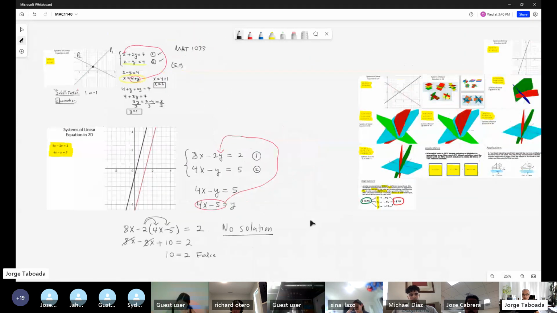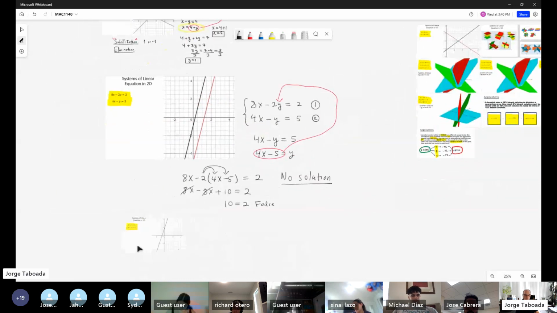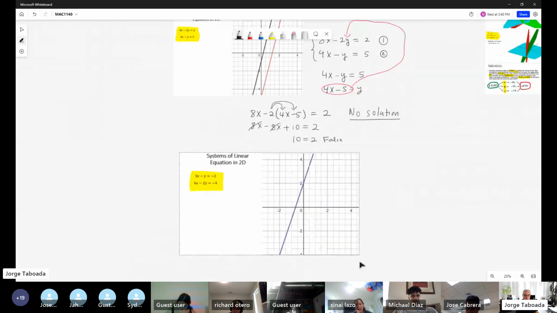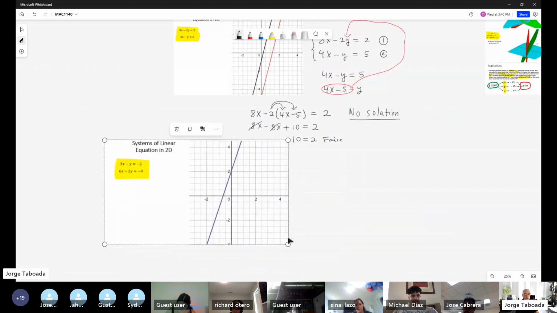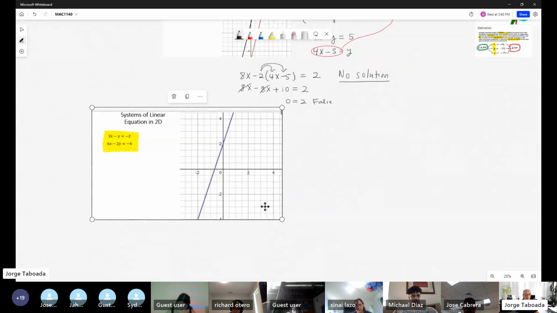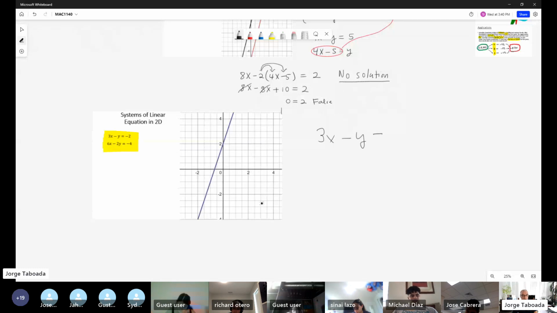Okay, but I bring another problem because I want to make conclusions. For example, I want to copy, recopy again, 3x minus y equal negative 2. This is equation number 1.